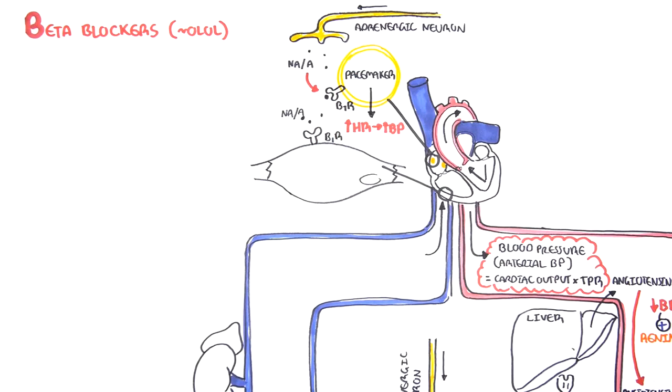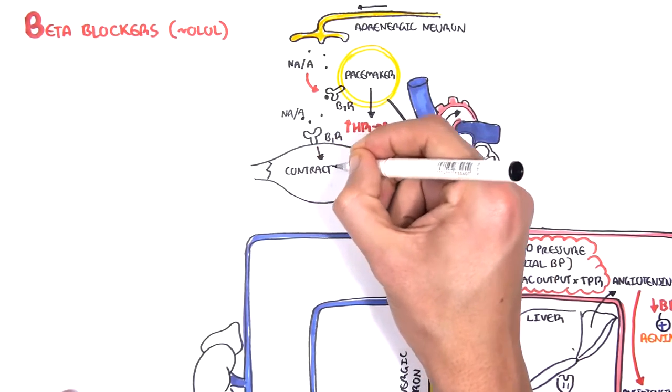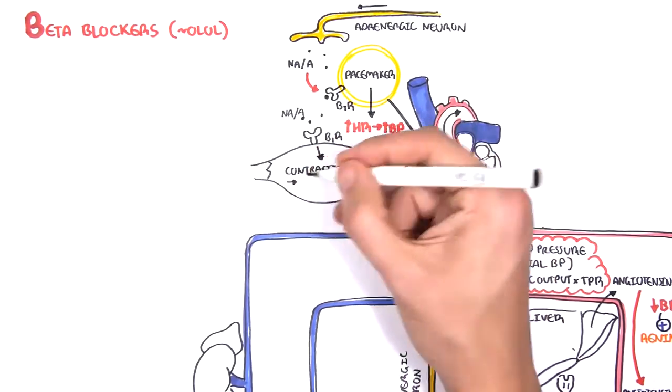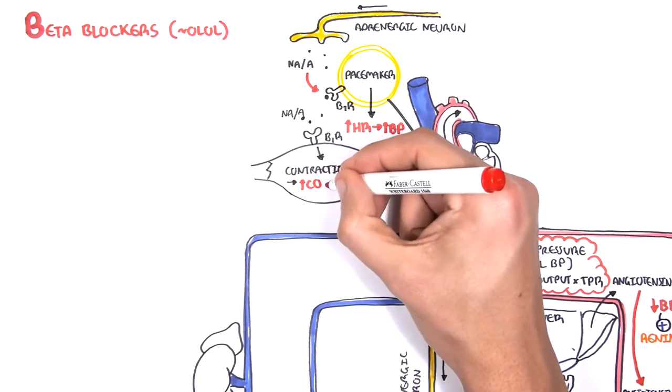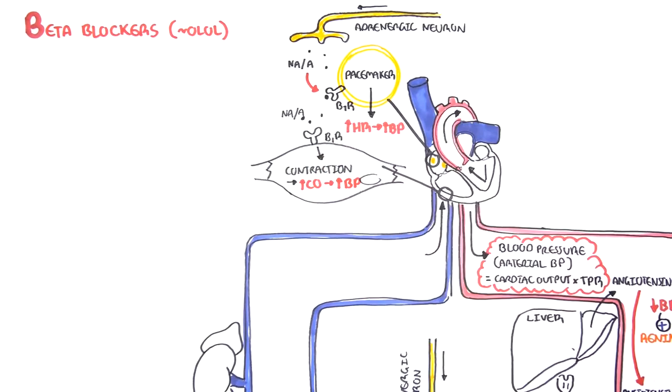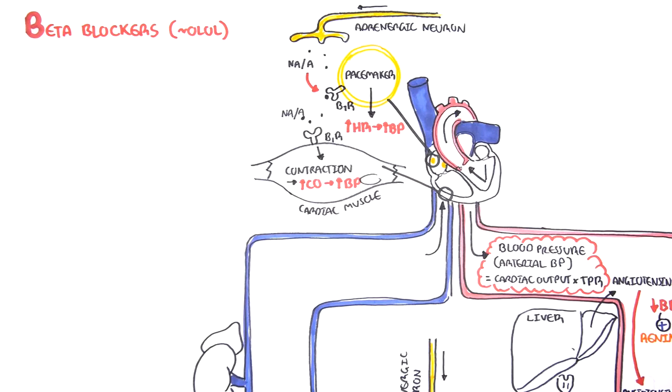So noradrenaline and adrenaline released by adrenergic cells, the sympathetic nervous system, can stimulate the beta-1 receptors of the cardiac muscle cells, which will cause the cardiac muscle cells to contract stronger. To be exact, it will lead to a more powerful contraction. With a more powerful contraction, the heart is able to increase cardiac output. And because you're increasing cardiac output, you will increase blood pressure.